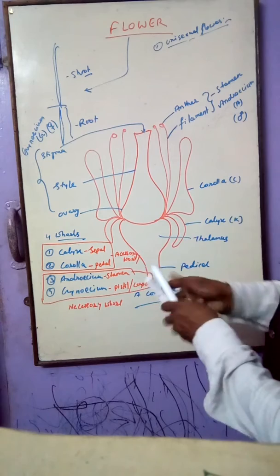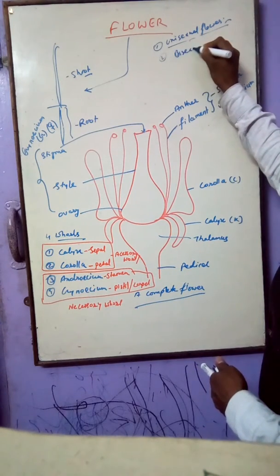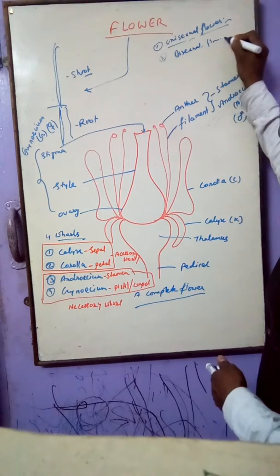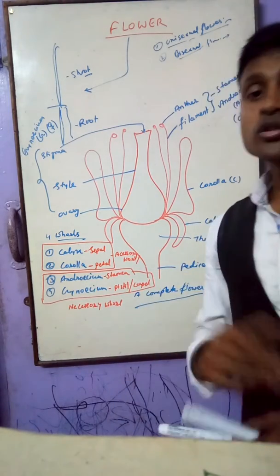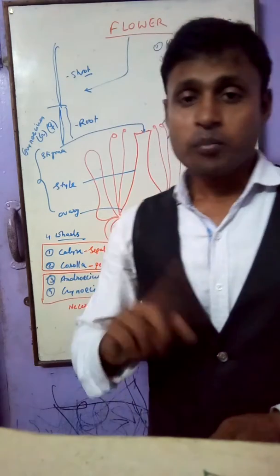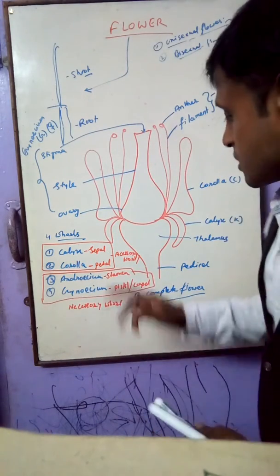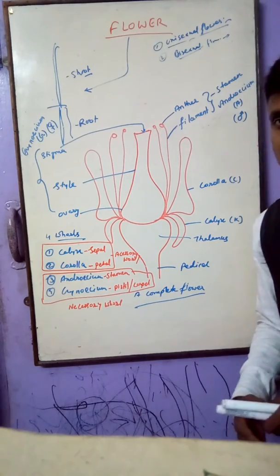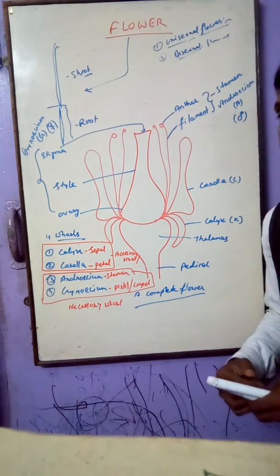The next one is bisexual. It means a flower having both sexes, both male and female parts, such as stamen and pistil. So these flowers are known as bisexual flowers.